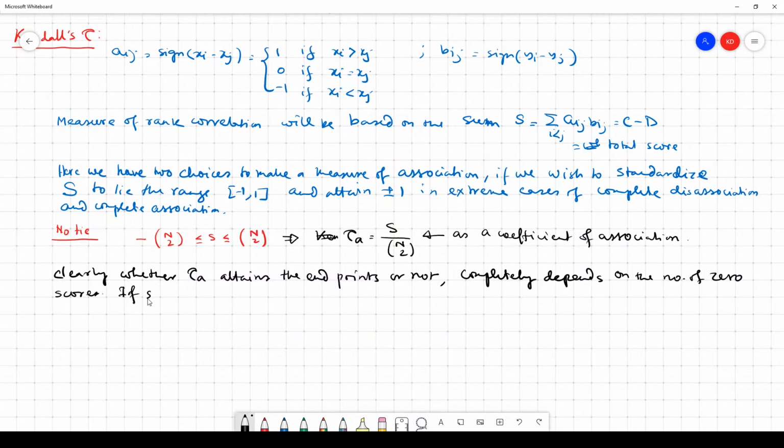If some scores A_ij or B_ij are zero, the tau A can no longer attain plus or minus 1.